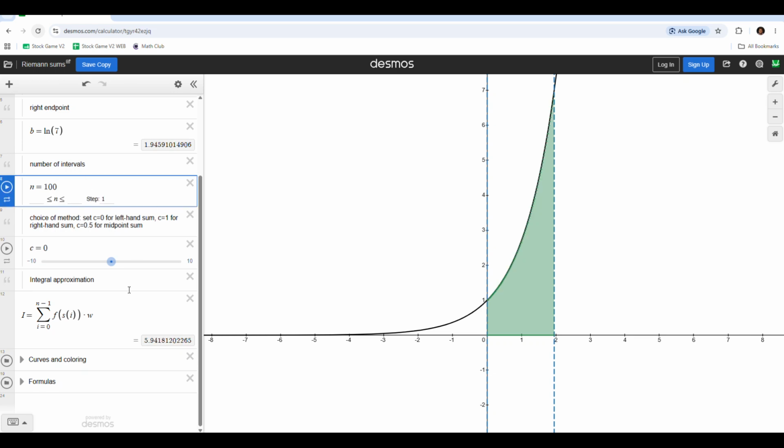Here's 100, 5.9. Here's 1,000, 5.99. Here's 10,000, 5.99999, on and on and on. It seems like, to me, I would believe that this is a limit, and it's limiting towards something close to 6 is going to be my guess.